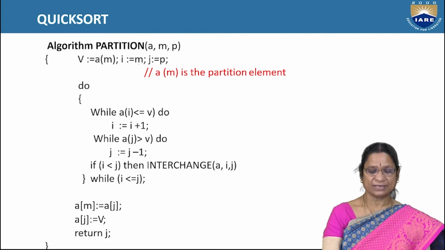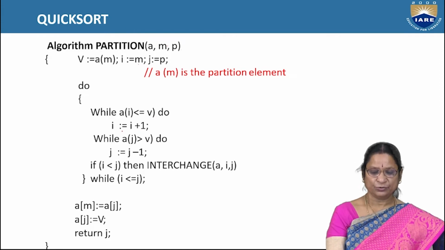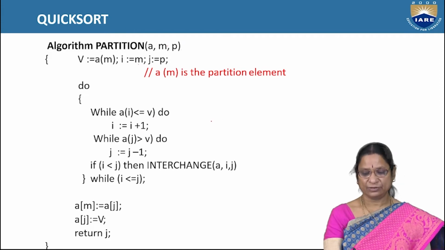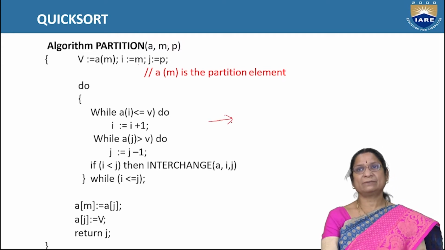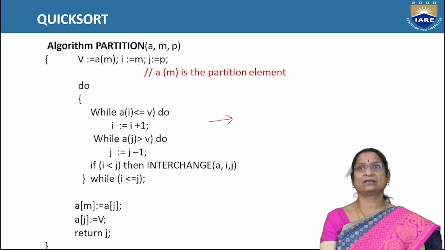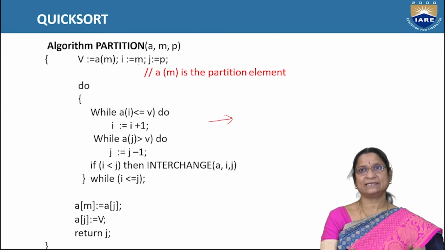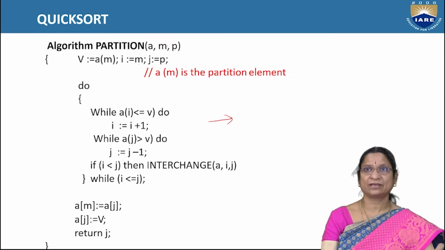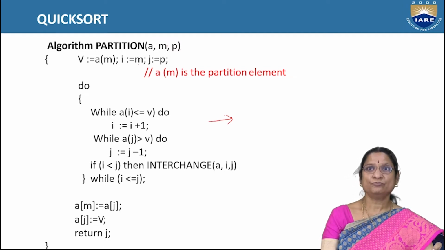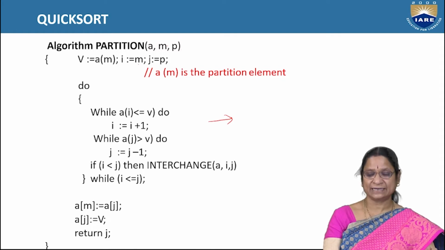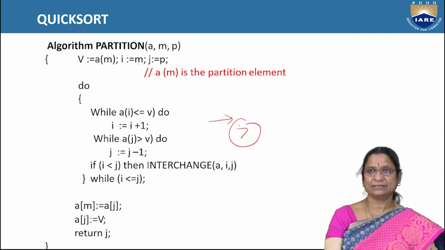Do while A of I is less than or equal to V, do I is equal to I plus 1. I keeps moving as long as the current element is lesser than the pivot element, that is, while it is in the first half. When it is not lesser, that is, when a greater value occurs, we stop.